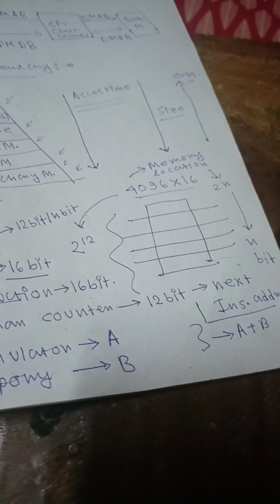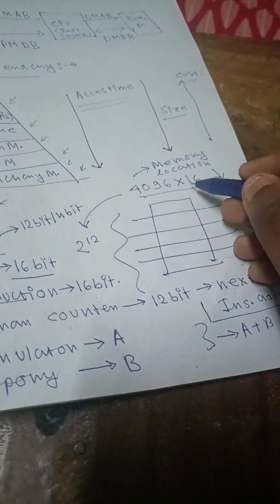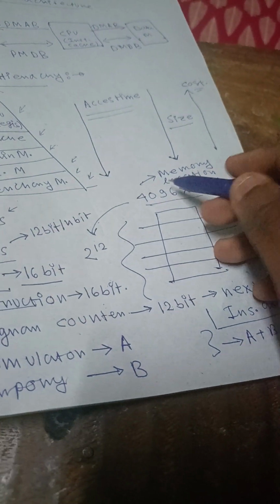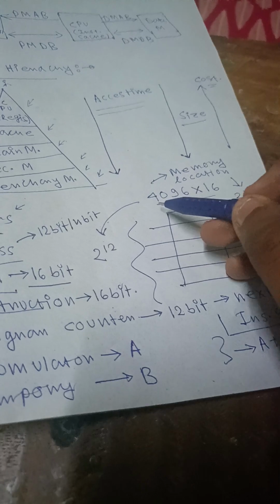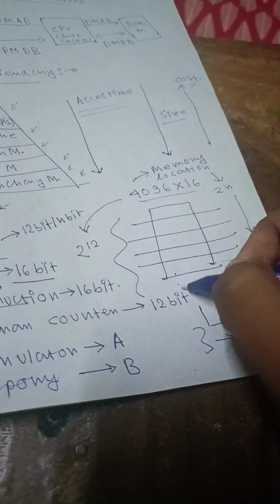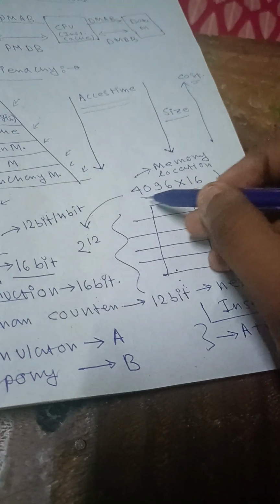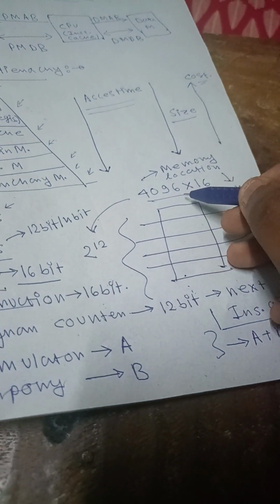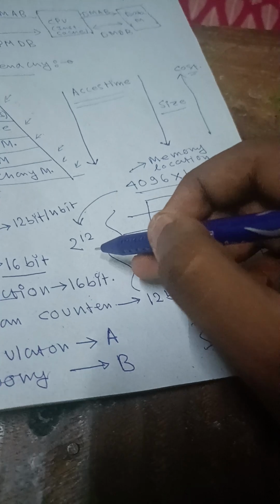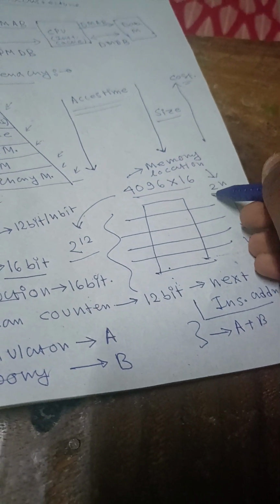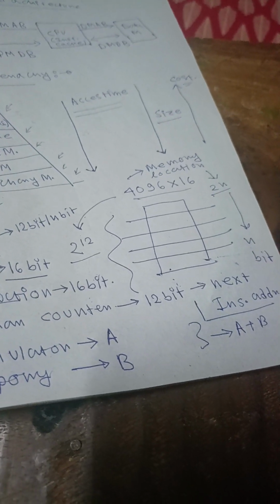Here is an example of a register. There are many other parts, I have shown some of them. It is 4096 and I represented it in 2 to the power 12 form. If there is another number, we can represent it in 2 to the power n form.